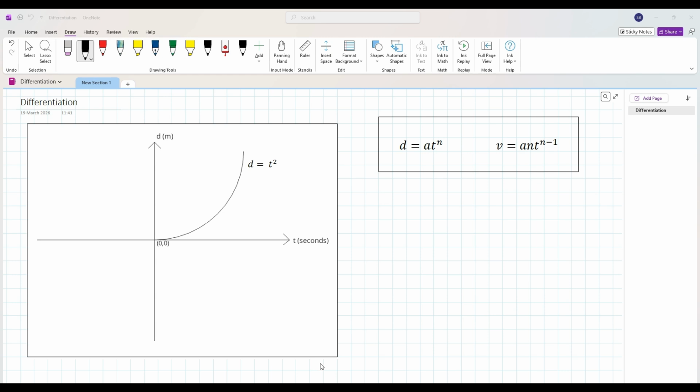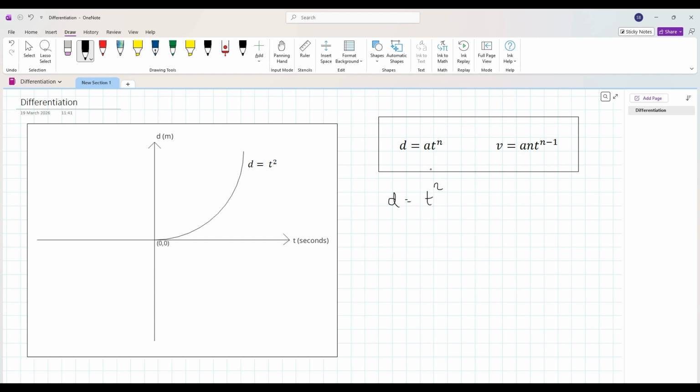For such a function of the form d equals a t to the power n, the gradient is found by v equals a n t to the power n minus 1. So, for our example, d equals t squared.